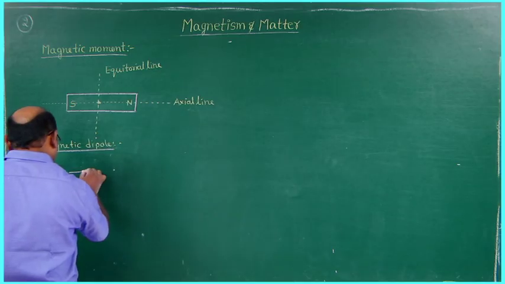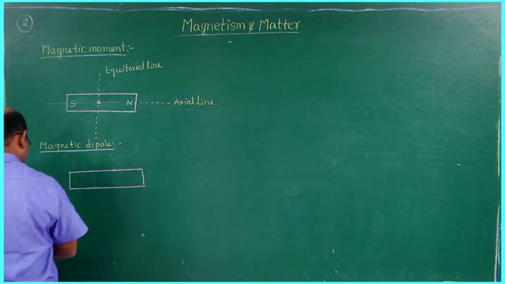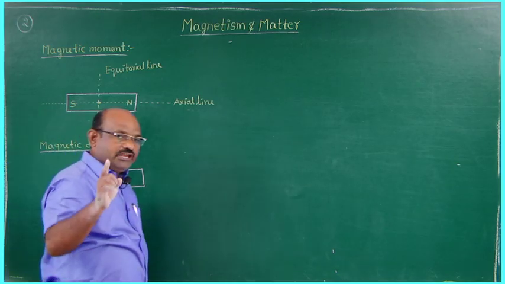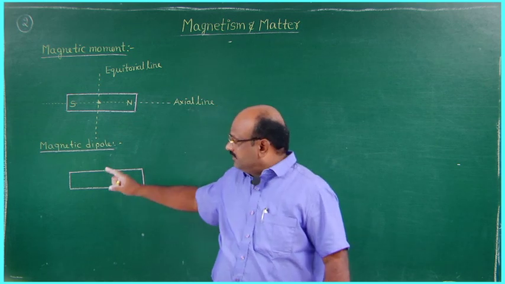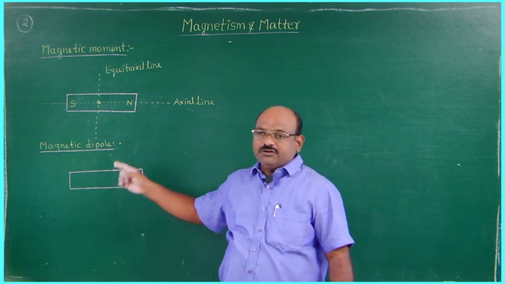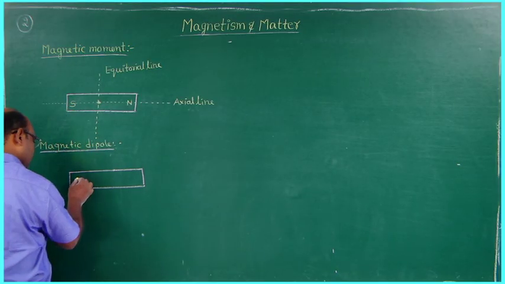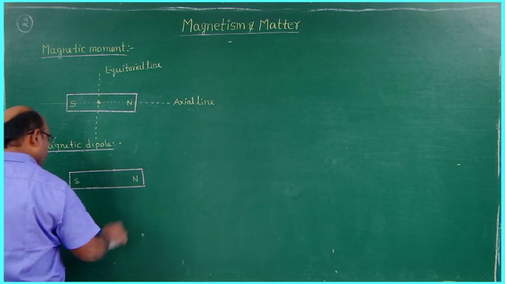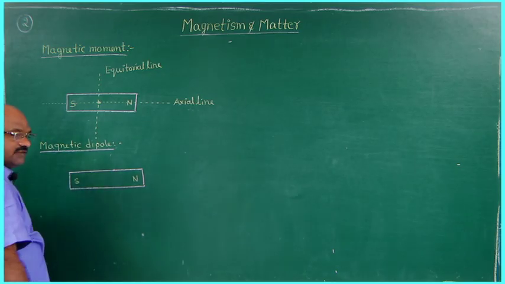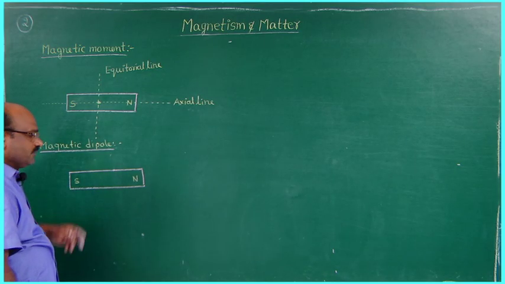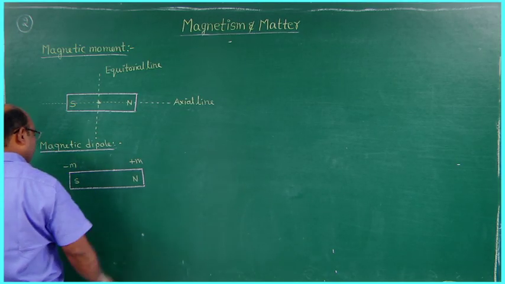Therefore, magnetic dipole means the configuration in which two equal opposite poles having the same strength are available. Suppose it is the south pole and it is the north pole. The two poles have the same strength, and they are opposite poles, because one pole strength is negative and the other is positive.